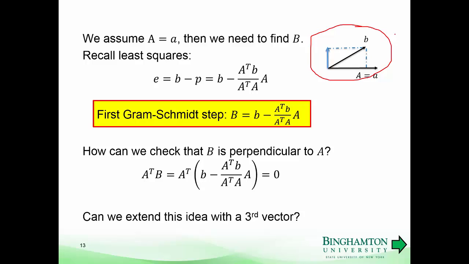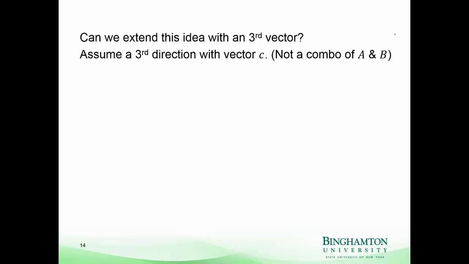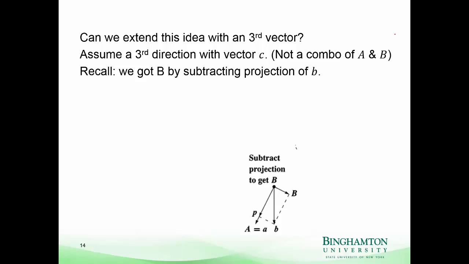So we've got capital A, we've got capital B. Now we get some third vector that's thrown our way. And presumably it's sticking up out of the plane spanned by A and B. So we've got a third direction with some vector C. And now we want to find a third orthogonal vector that will be orthogonal to big A and big B.